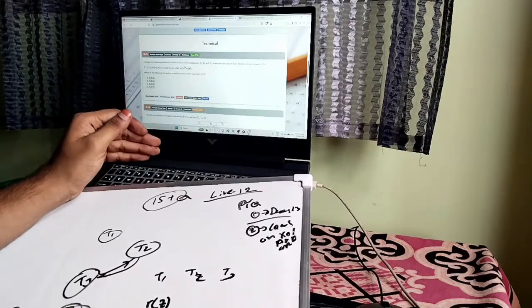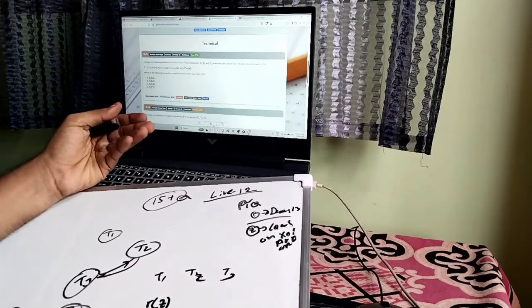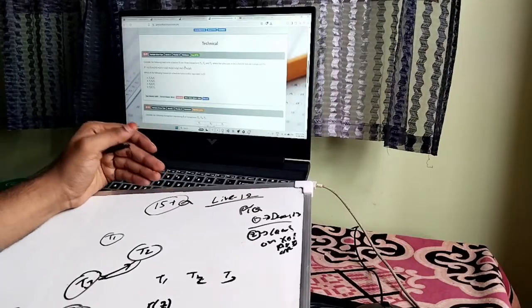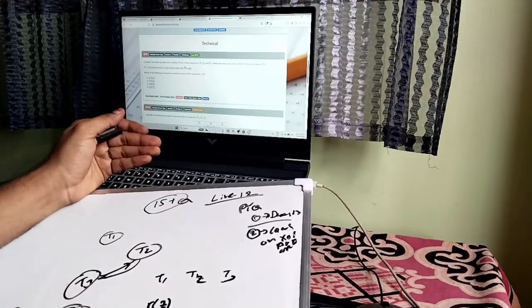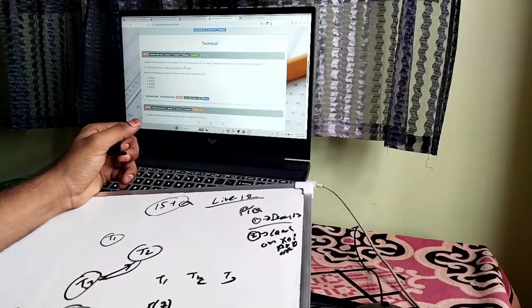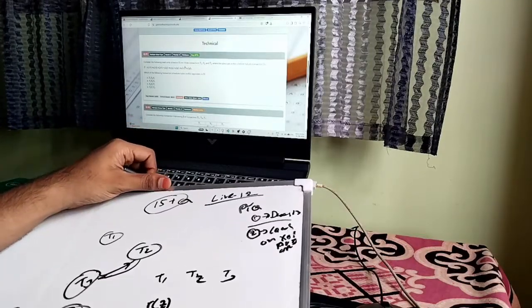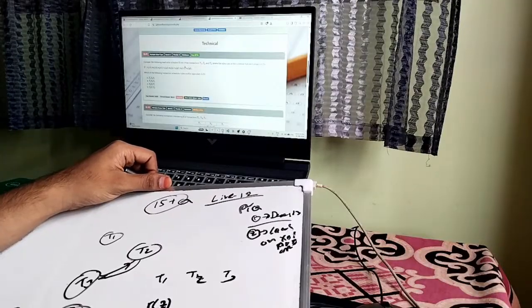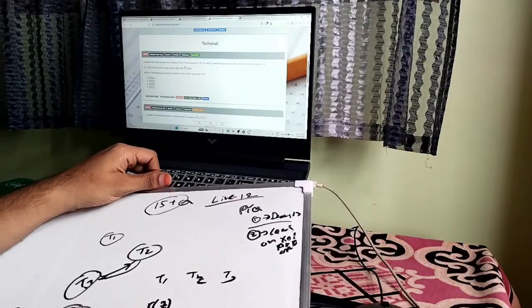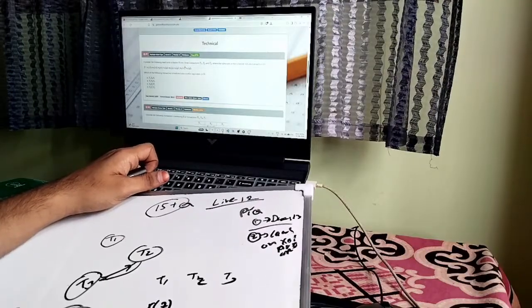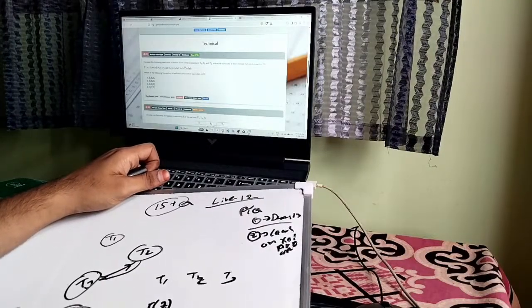If there is a cycle, then it is conflict. If there is no cycle, then it's not conflict. Cycle is not existed, right? So see like W set. Then W injection 2, then X. Is there any way?